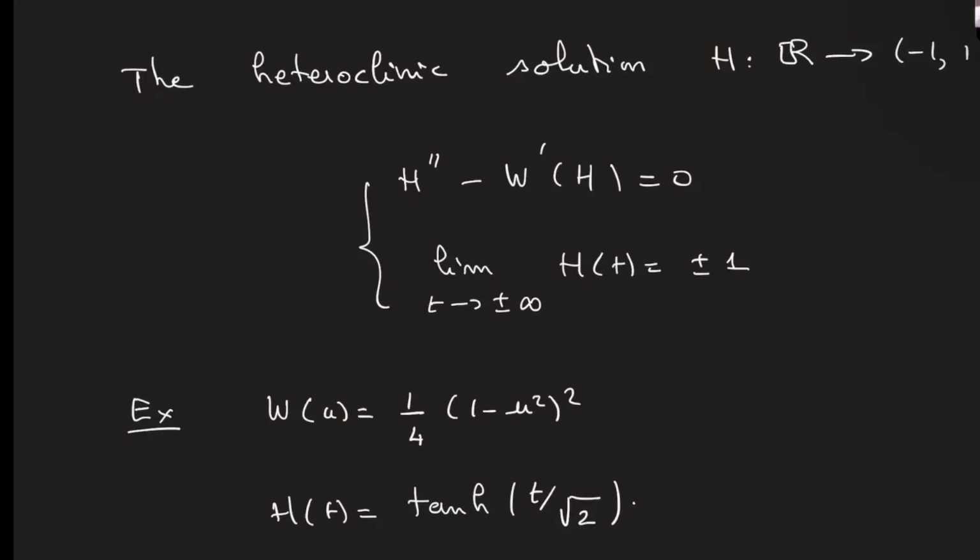And it is very easy that there exists such a solution that tends to -1 at minus infinity, +1 at plus infinity. And in fact, for the potential I have taken, this solution is given explicitly by hyperbolic tangent of t over square root 2. Okay, so this is a function that goes from -1 to +1, and there is some kind of transition region around t equals 0.